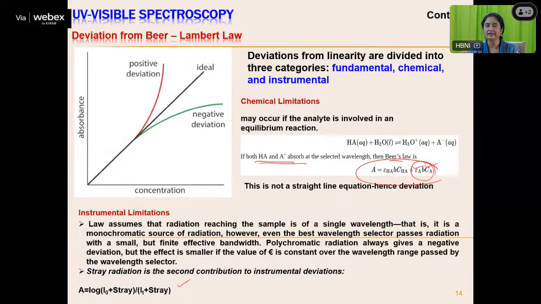In that case, stray radiation plays an important role because it is fixed throughout the measurement. When the concentration is low and IT is very high, stray radiation does not make any effect. But when IT is low, there is an effect of stray radiation, and therefore your absorbance deviates from linearity.